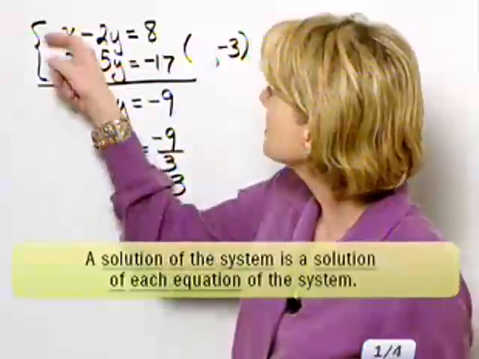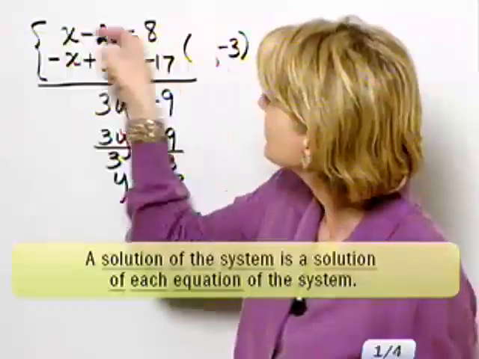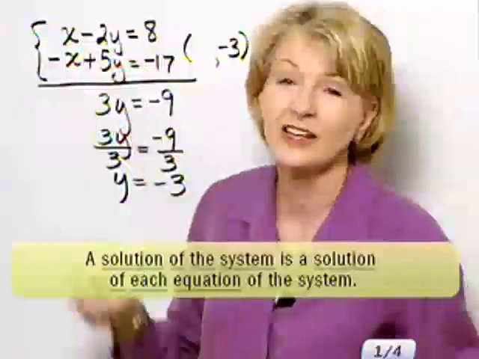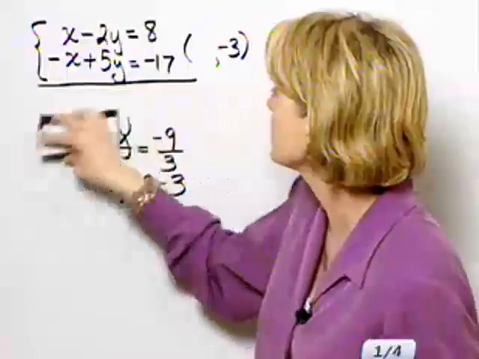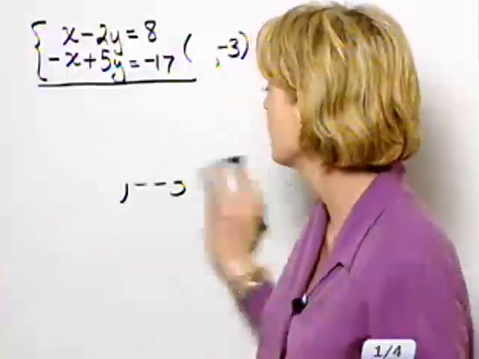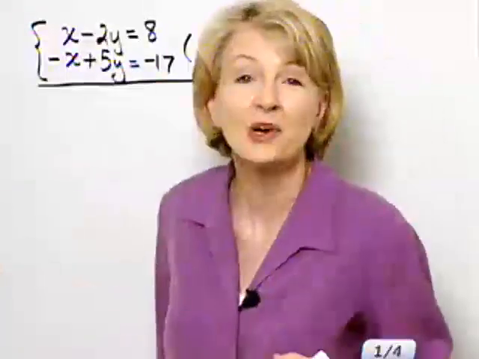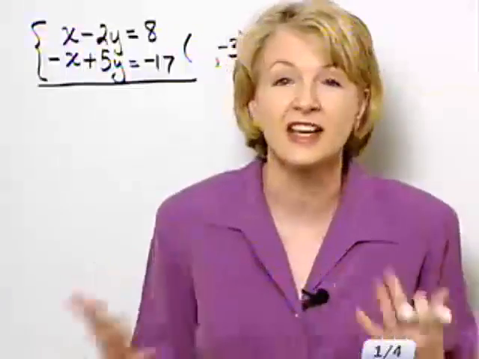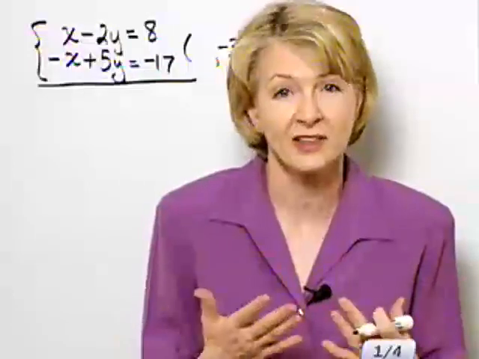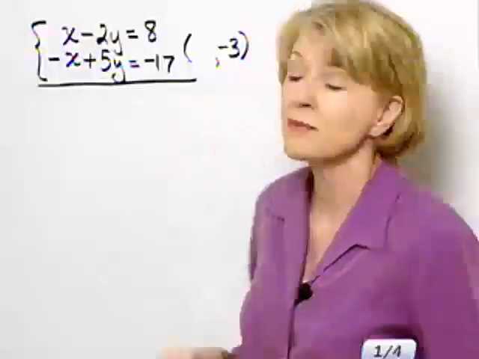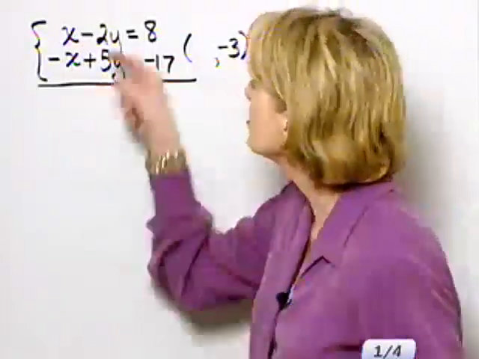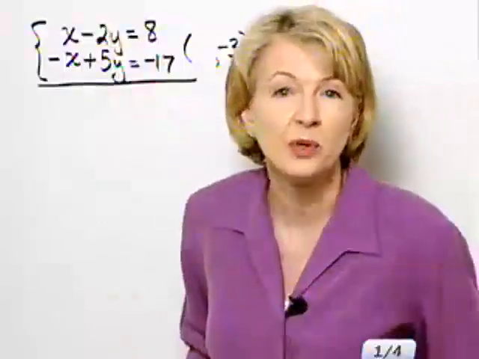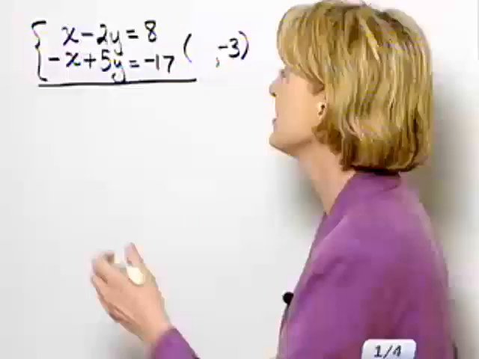Remember, a solution of a system satisfies this equation and this equation. So we just pick an equation in the system containing both x and y, and we let y be negative 3 and solve for x. It makes no difference which equation you pick in the system.